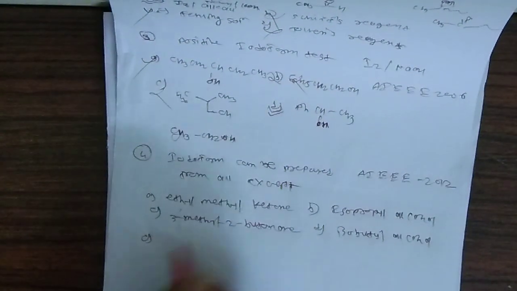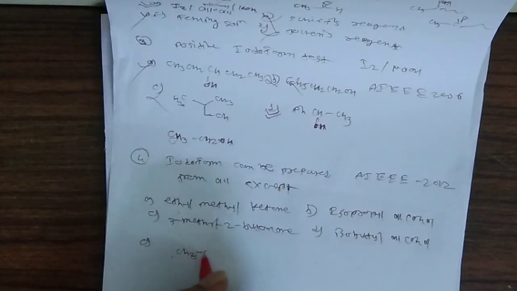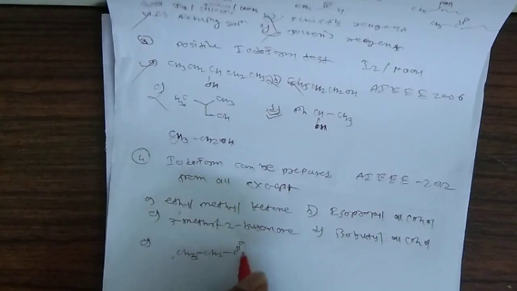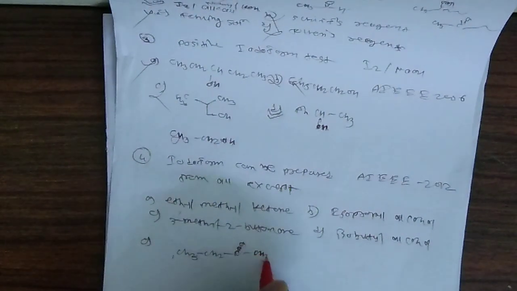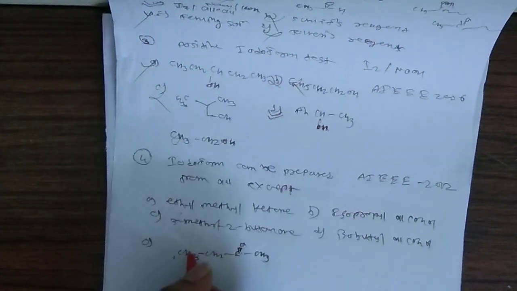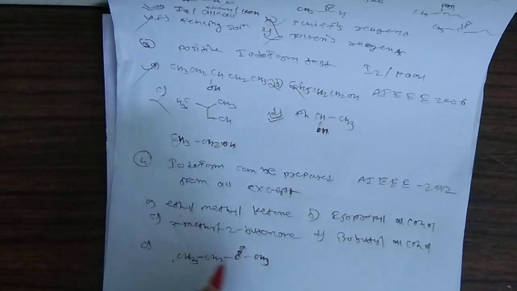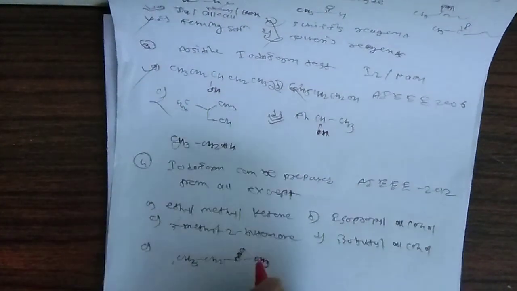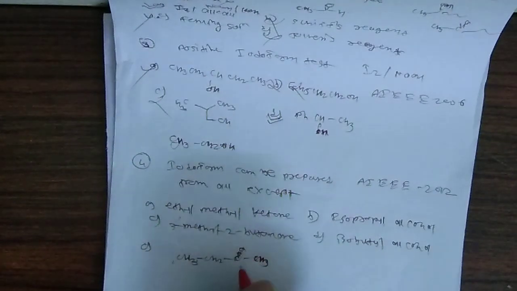So A is what? Ethyl methyl ketone, which means CH3CH2C=O CH3. Is this the structure of ethyl methyl ketone? Yes, this is the structure. And will it give a positive iodoform test? Obviously, because it has a CH3 group connected to the carbonyl carbon.